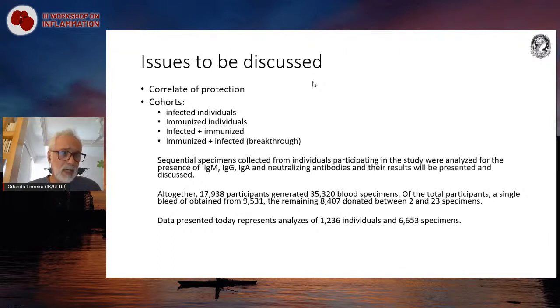This gives rise to the second cohort, these immunized individuals, and of course, individuals that were previously infected got immunized and constituted the third cohort. And the fourth cohort represents the breakthrough infection, infection that appeared in individuals already immunized, especially for this group of cohorts that I'm presenting. I'm talking about immunization with the CoronaVac vaccine, the Sinovac vaccine.